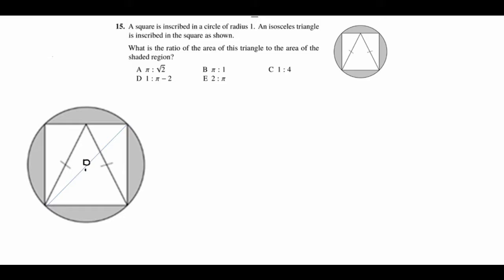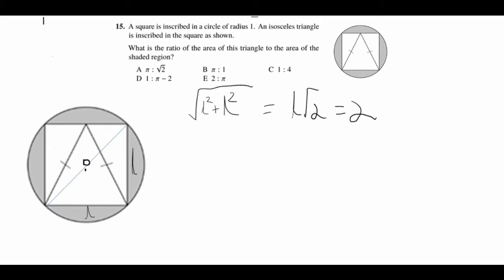And so if I call the length of the square L, this side will also be L, and the diagonal by Pythagoras' theorem will be equal to the square root of L squared plus L squared, which gives us L root 2. And this is equal to the diameter of the circle, which is going to be 2, since this question tells us that its radius is 1.